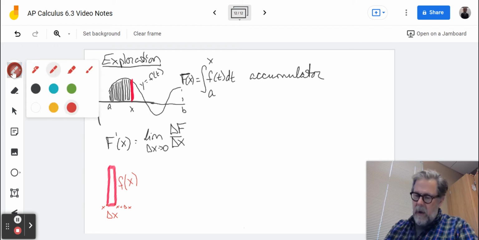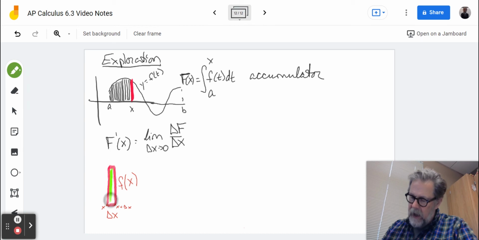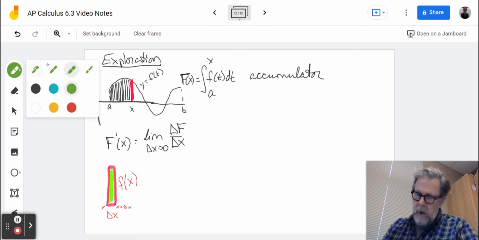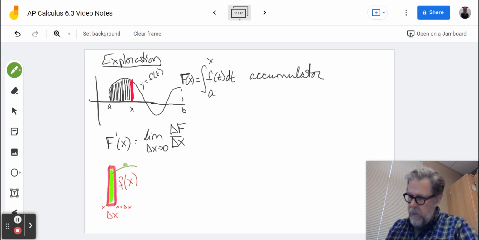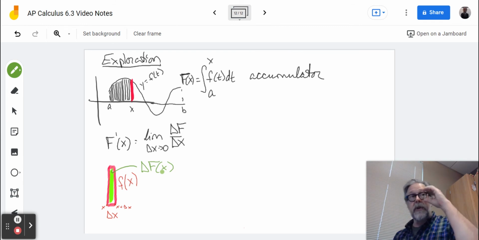And I know that the area of this rectangle is the change in my accumulator function.